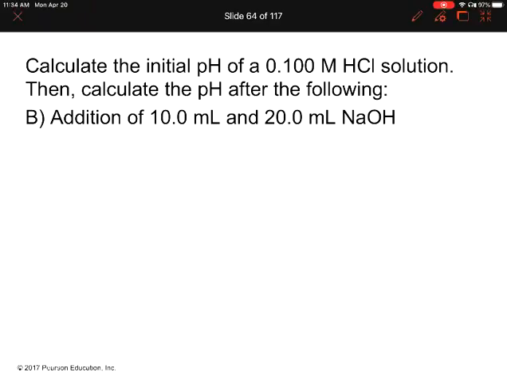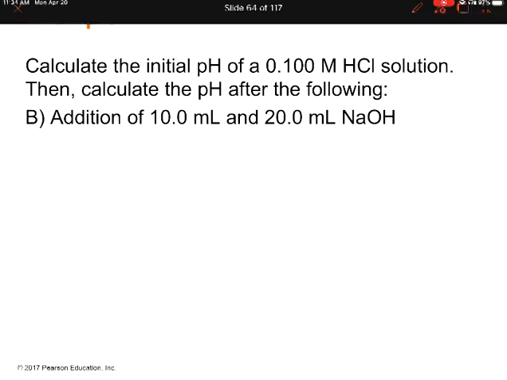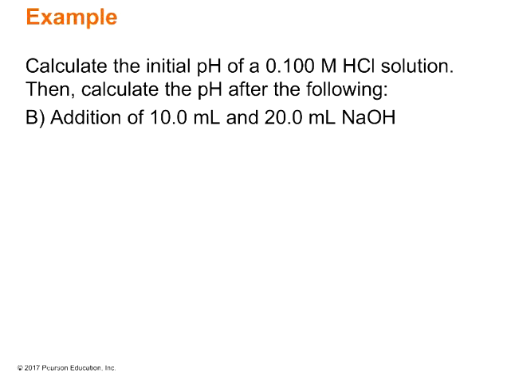So now we're going to do the same thing for the addition of 20 milliliters of our NaOH solution. And again, remember, we're pretending we're just starting from the beginning, and we're pretending that we're adding 20 milliliters all at once. So again, we're going to assume that we're starting with 0.0025 moles of hydrogen ions, and then let's see how many moles of sodium hydroxide we're adding if we add 20 milliliters.